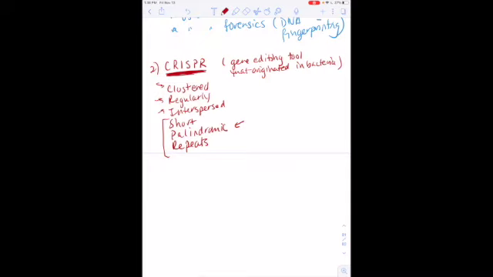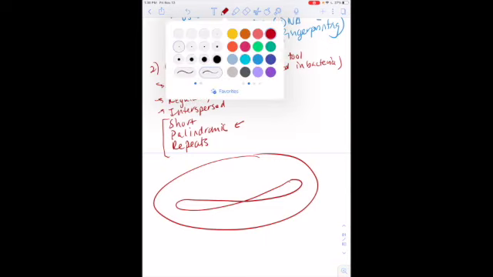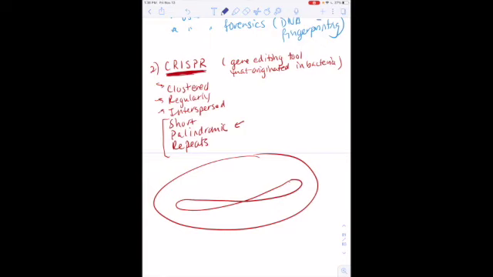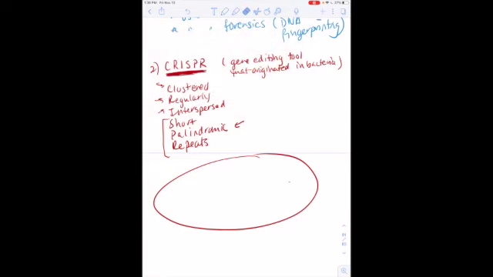What they found were these short repeats in the bacterial genome. Okay, so here's this little figure 8 thing that I have, a bacterial chromosome. You know what, I gotta color code this differently. All right, so here's the bacterial chromosome right here.